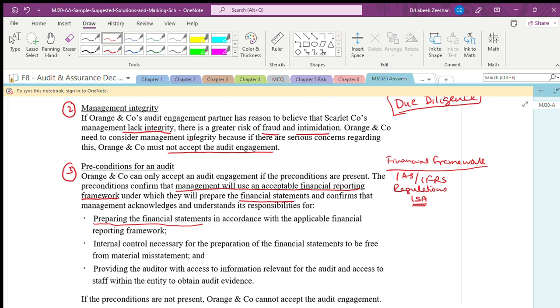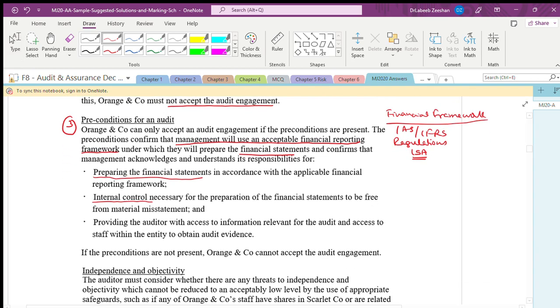The management also has the internal control necessary for the preparation of financial statements, and provides the auditor with access to information for the audit. And not only the information, but they should also give access to the staff within the entity. Why are we doing this? We only want to make sure that there is sufficient audit evidence.